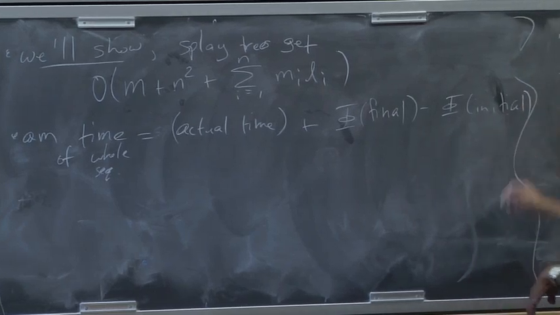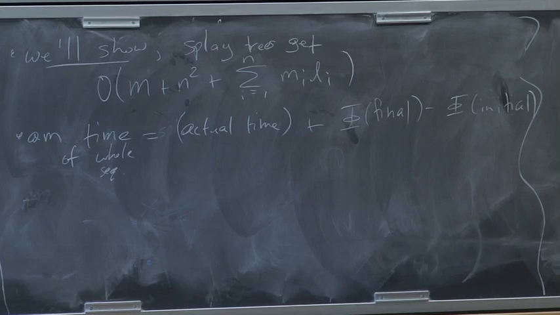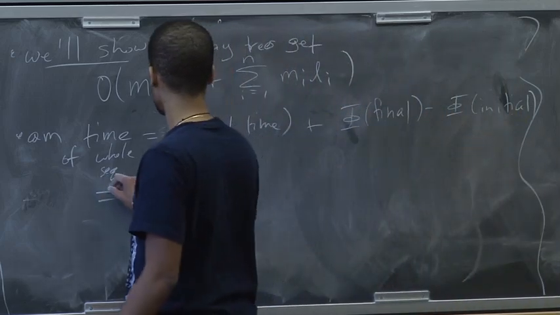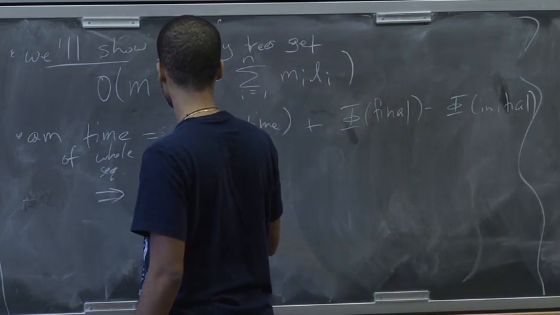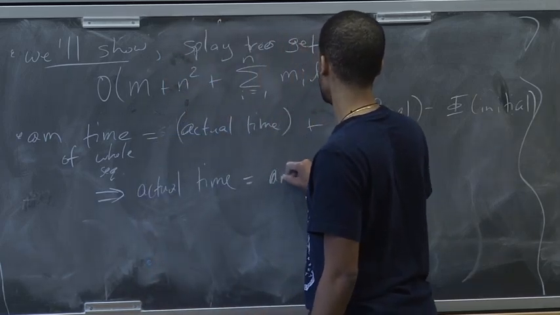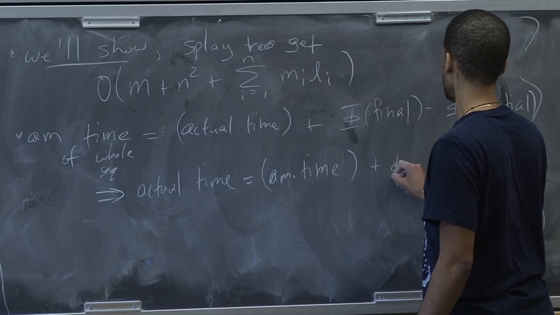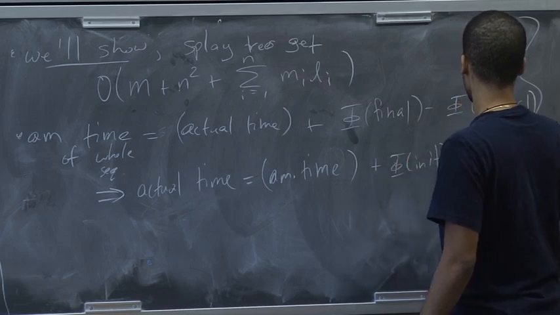Remember, we're not starting with the empty tree, right? The tree started in some configuration, and then we kept running finds according to this access sequence. So this implies that the actual time is equal to the amortized time plus phi initial minus phi final.